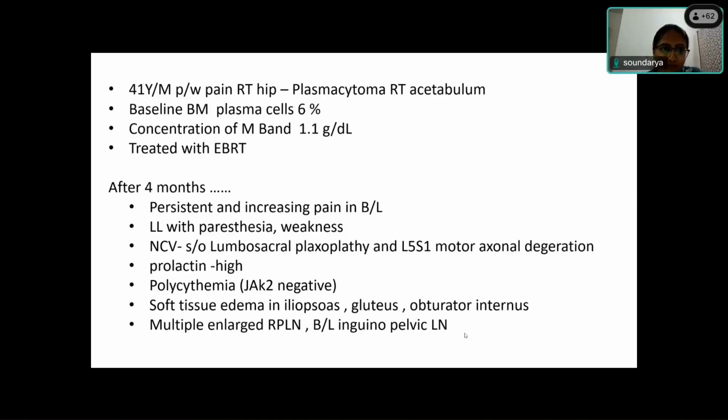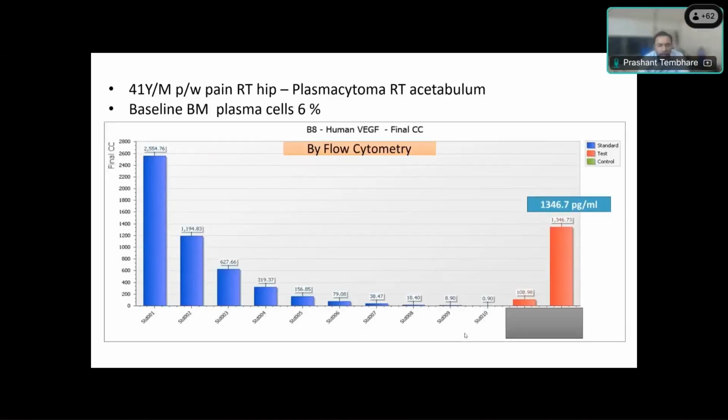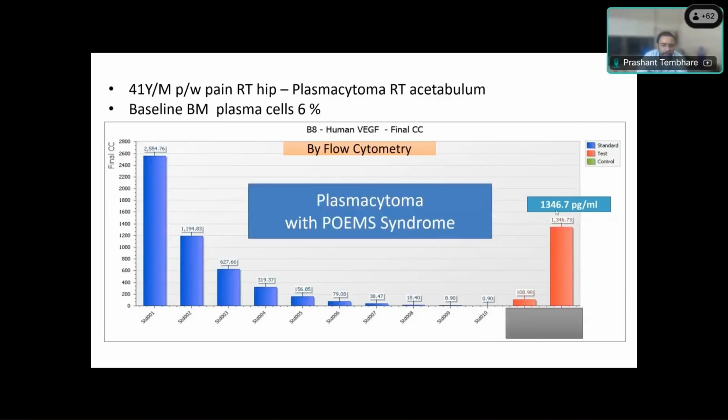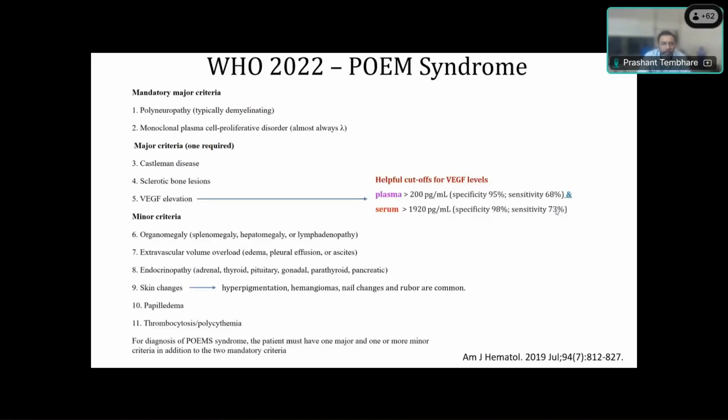So this is a patient of POEMS syndrome, and we can do the VEGF level. We did the VEGF level using cytometric bead array by flow cytometry, and the patient has a very high level of VEGF. Normally it is less than 100 picogram per ml, and here it is 1346 picogram per ml. So this was a patient of plasmacytoma who developed POEMS syndrome.